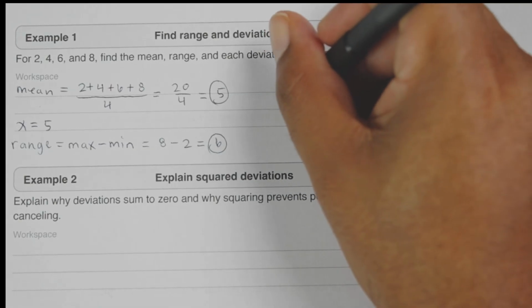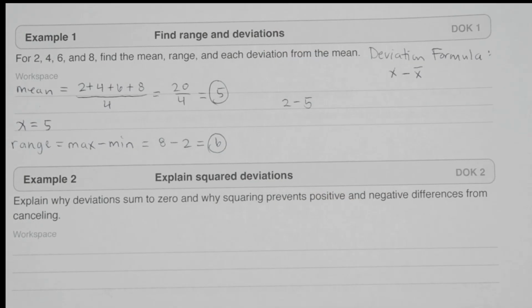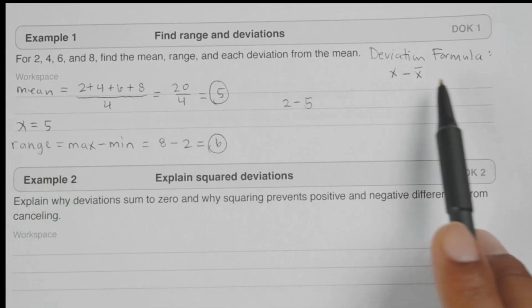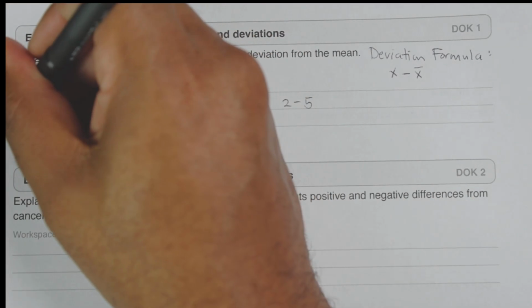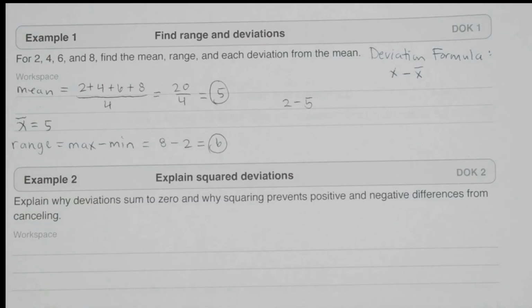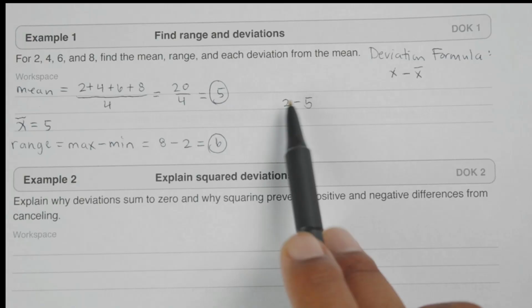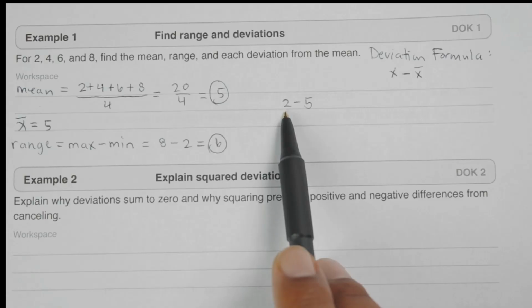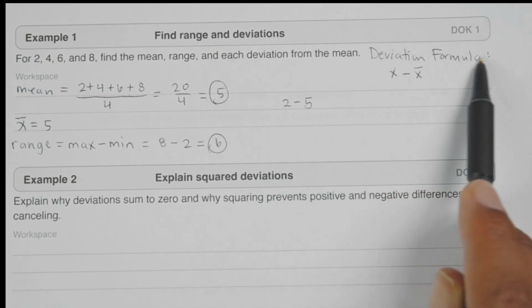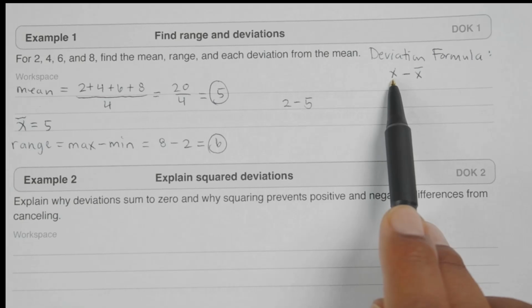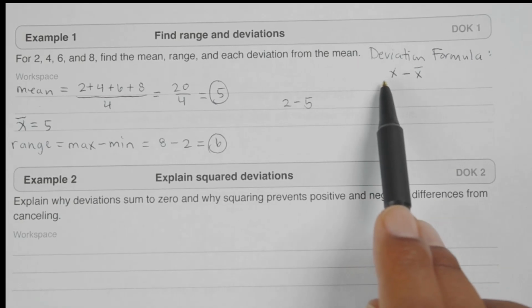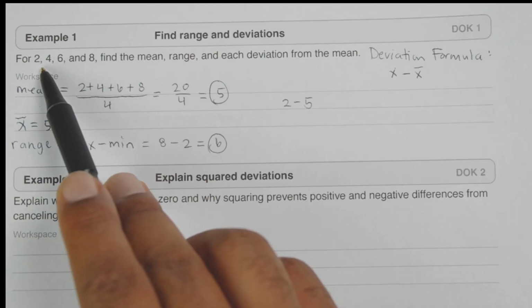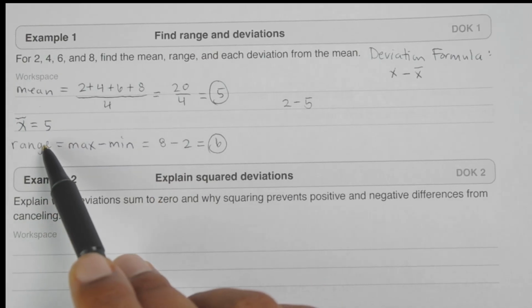I'm using each data piece minus the mean. So the deviation is one value minus whatever the mean is.